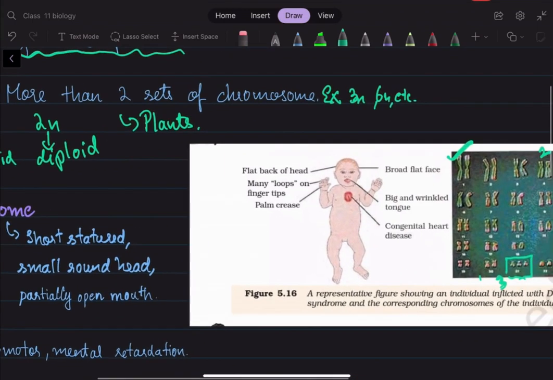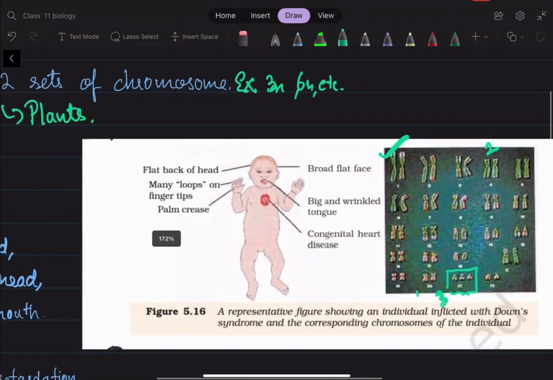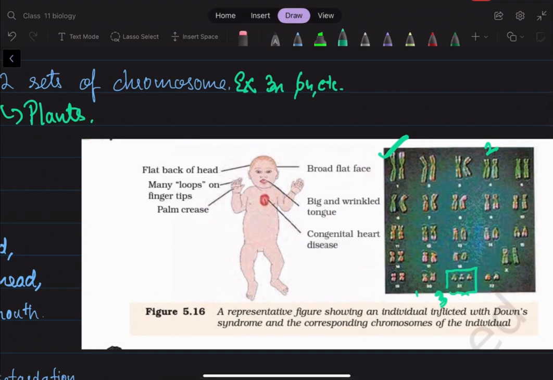The baby born with Down syndrome has a broad, flat face, as you can see here, and can also have congenital heart disease.